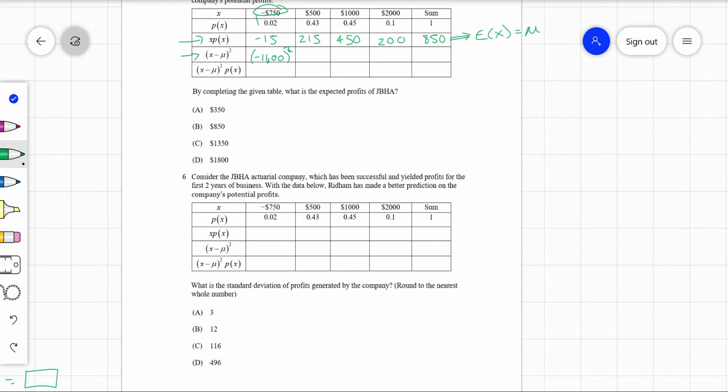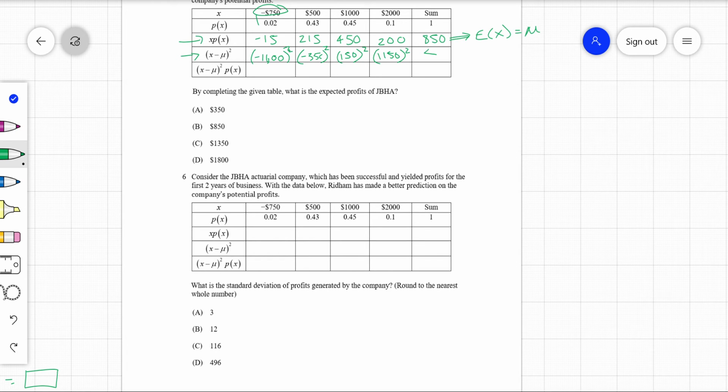If I do that again, 500 take away 850, so minus 350, and of course we square that. Sorry, I can't fit this in. 1000 take away 850, so 150, and square that. And 2000 take away 850, which is 1150, and square that.